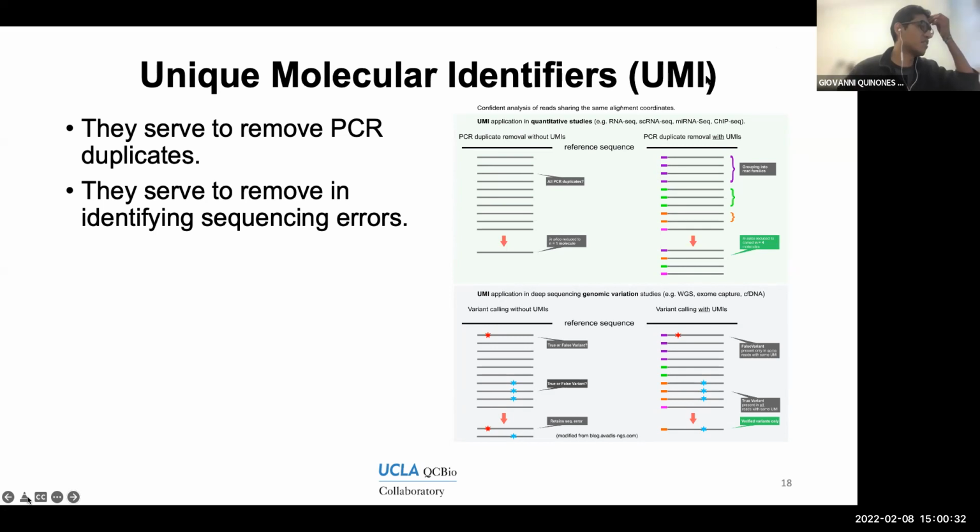For bulk RNA sequencing, there is an approach to remove these PCR duplicates. Once you obtain your reads and align them to the genome, you match the reads based on the position they align to. PCR duplicates look like a stack of reads that have the exact same start and end coordinates on the genome.